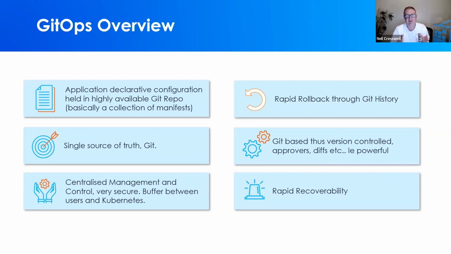It's simply an administrator declares how the application must run, and then that manifest is held in Git and then referenced by the underlying cluster. Again, single source of truth. There's no chance of deviations. There's no config drift.